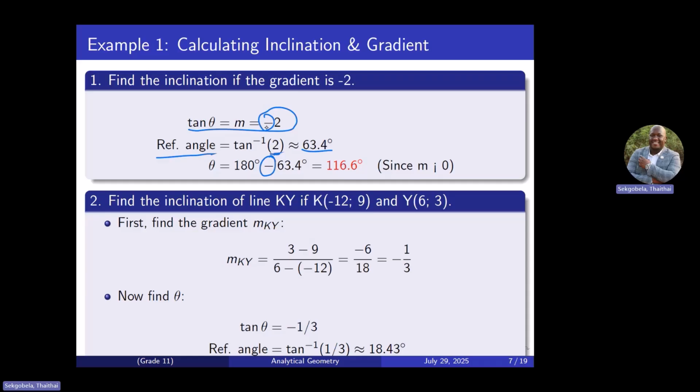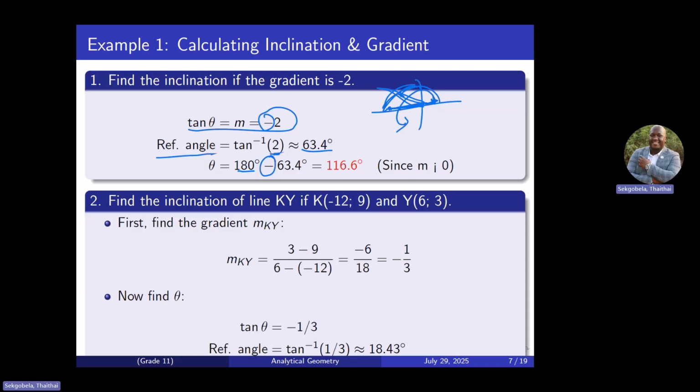It's because we don't want to fall out of that region. If you use plus, we fall here. That's why we leave the negative, then subtract from 180, so that we get in this region. Your angle must be positive, because we are calculating anticlockwise, moving from here, going all the way round. That becomes your angle.